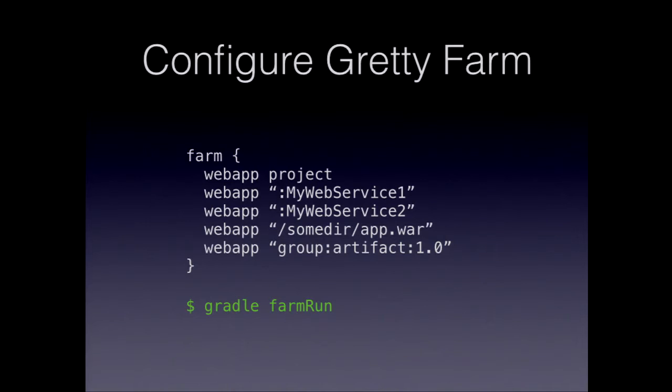Then here we use project path syntax to address other projects in the same project tree. Here we use a file path. A file path can be relative or absolute. It's up to you. And finally, a web application can come even from a Maven repository. For example, you have your corporate Nexus or Artifactory repository, and some web applications are published there. They will be downloaded and used as part of the farm.